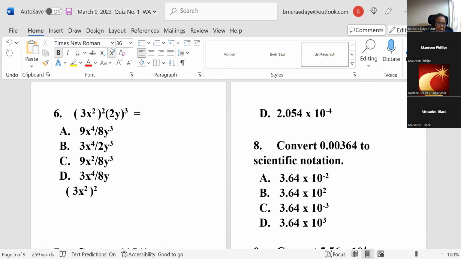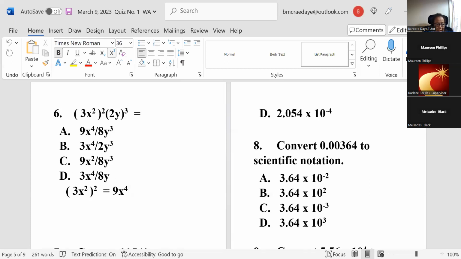Let's do it step by step. 3 times 3 is 9. So 9, and then power to a power, x to the what? It's a power to a power, Maureen. 2 times 2 is 4. That's right, very good. So that would be a 4.